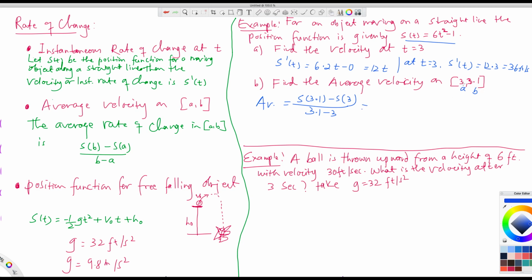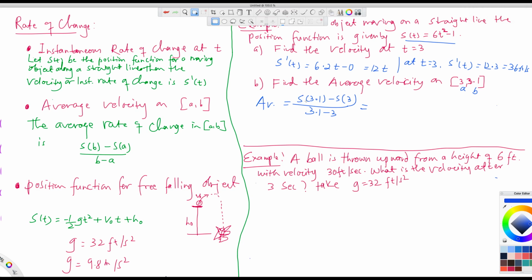So what do you get if you do that? Just plug in that 3.1 and then 3 there. If I plug in 3.1 for t here, it is 6 times 3.1 squared minus 1.